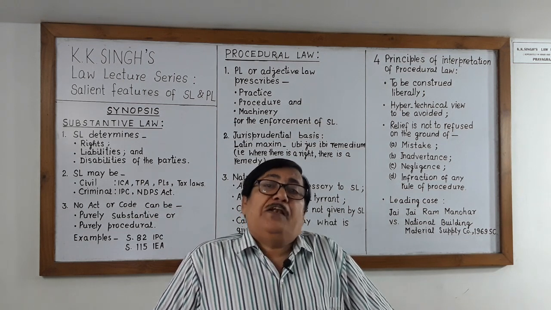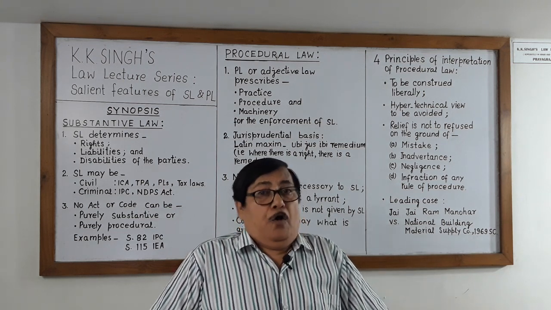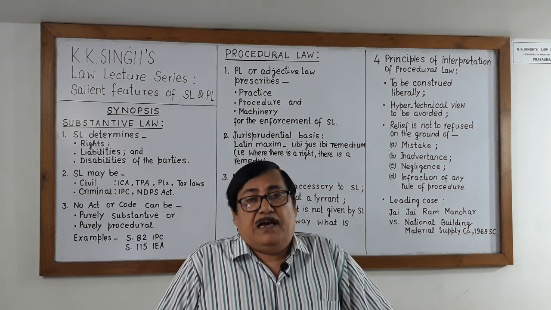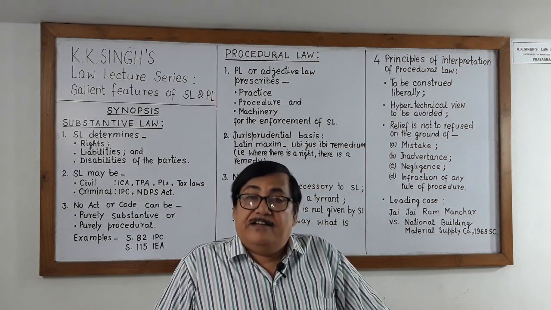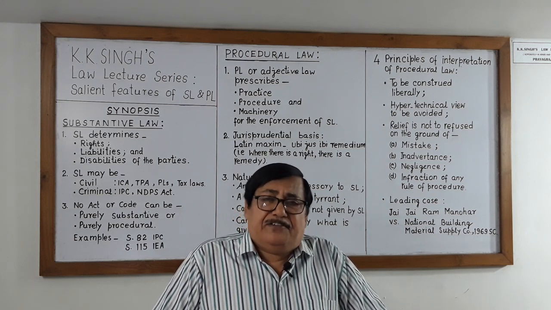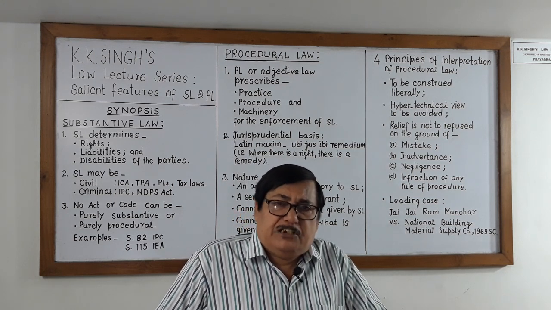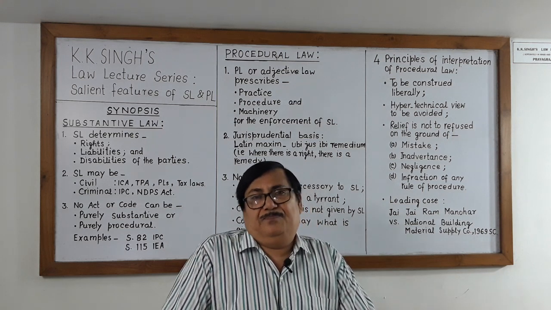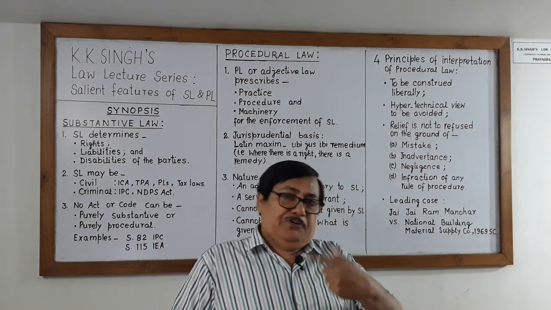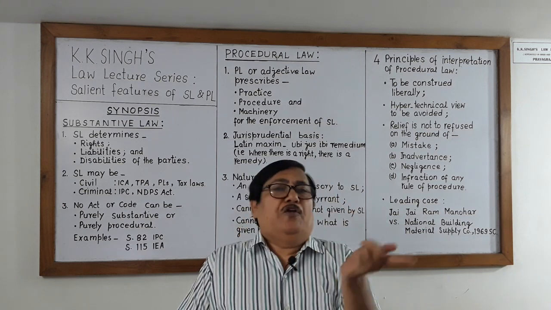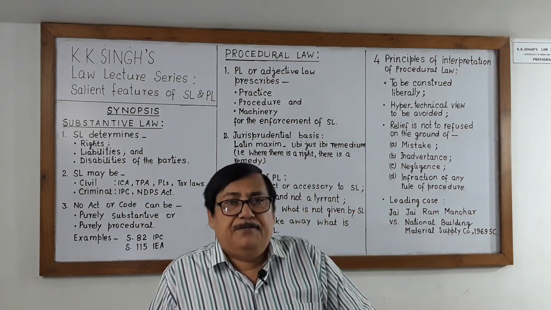Now, whether you are liable for murder or not, that is to be decided by section 299 IPC, section 300 IPC, and provisions like general exceptions to the IPC. IPC is a substantive law. It will determine whether you are liable or not liable for murder.